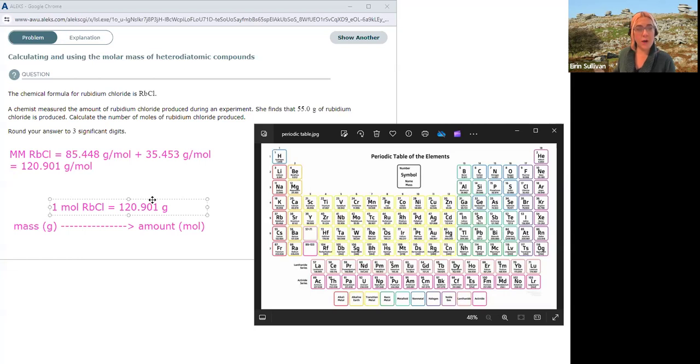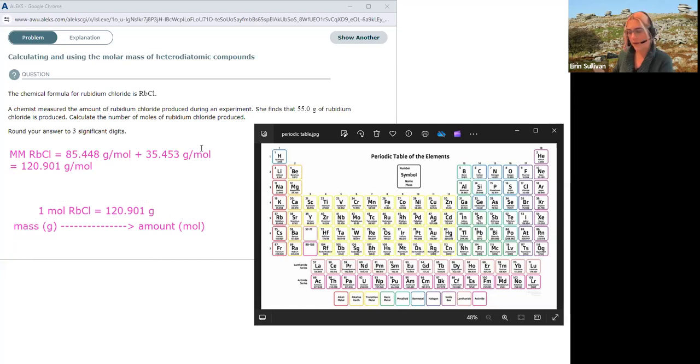You can do that with the molar mass for anything. Equate the molar mass in grams to the mass of 1 mole of whatever that substance is, and then you can write it as a unit conversion factor regardless of which direction you're needing to convert, whether from mass in grams to moles or vice versa.